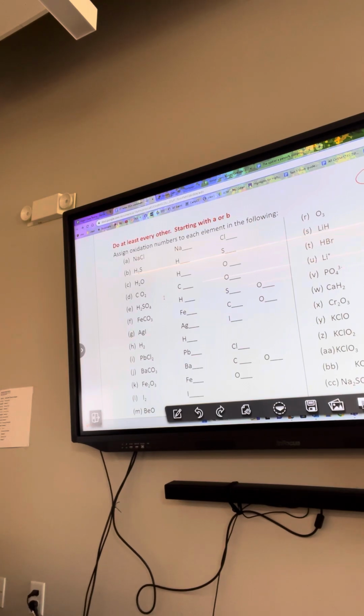What is the charge of the oxygen? -2, but you have 2, so it will be a total of -4. But the oxygen charge is -2. The Cl will be what? +4. No, +3. Because +3 - 4 is equal to -1, right?